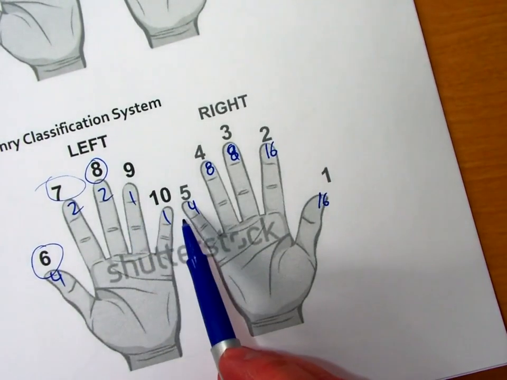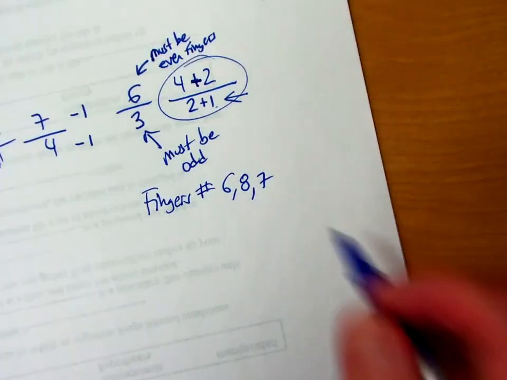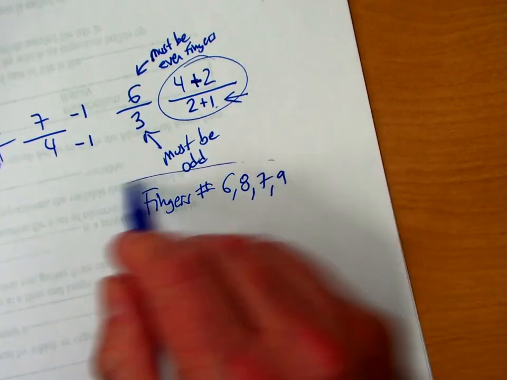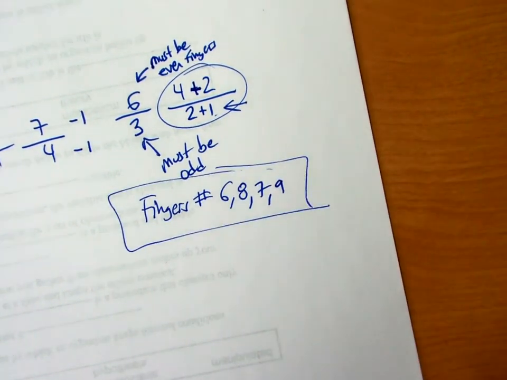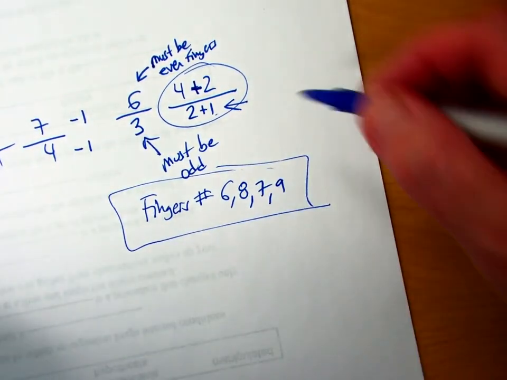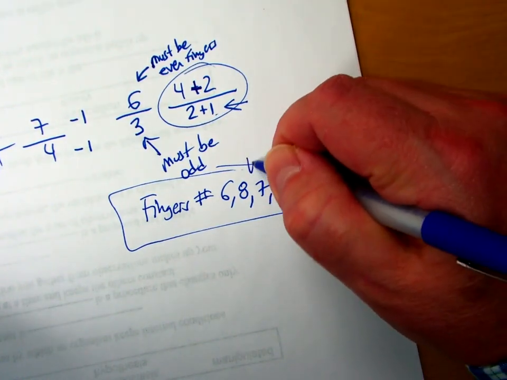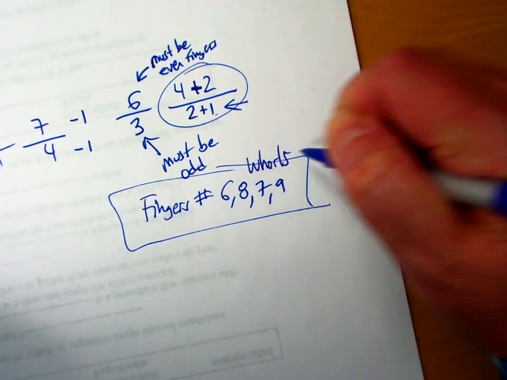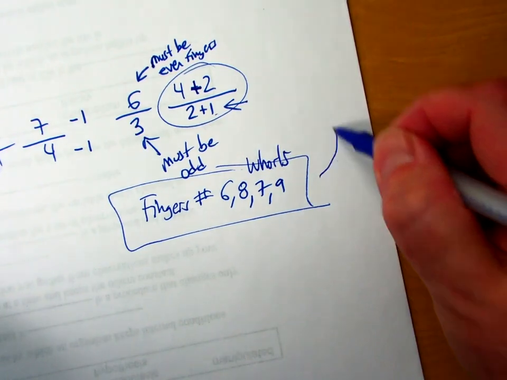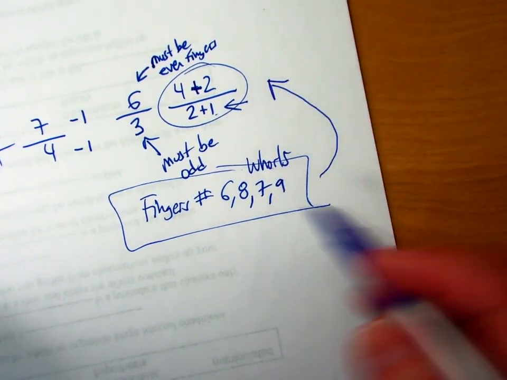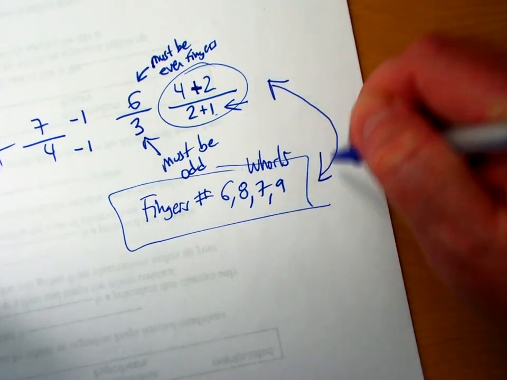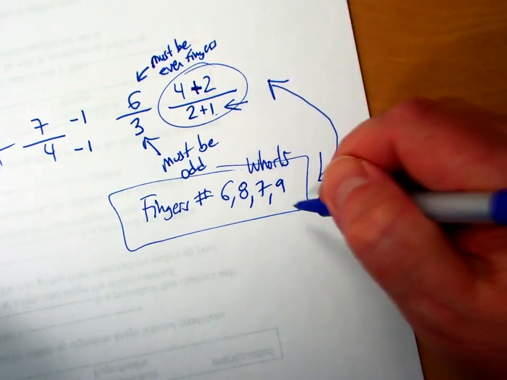These both have a value of 1, but only one of them is an odd number. So 9. So that would be your answer. Fingers number 6, 8, 7, and 9 have whorls on them. And again, that's how we get this number from those fingers. And we can do it the opposite way too. Take this and work backwards to this.